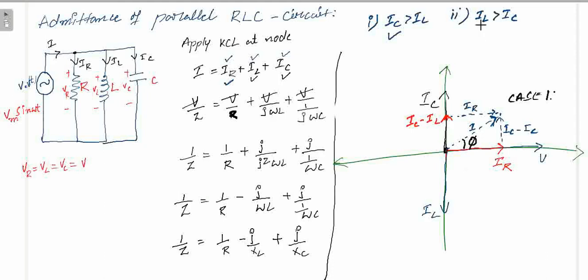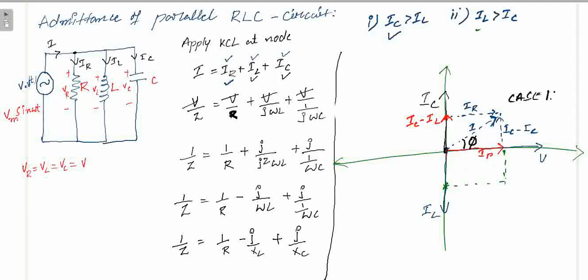If IL is greater than IC, it is at a point somewhere here. Let us take some dotted lines. So this is your IR.